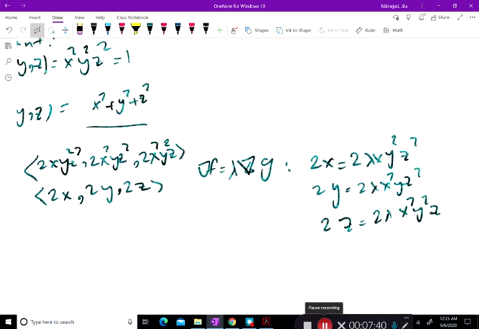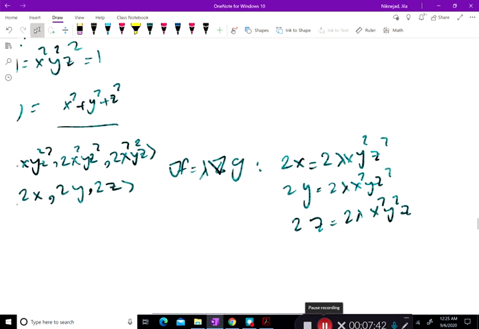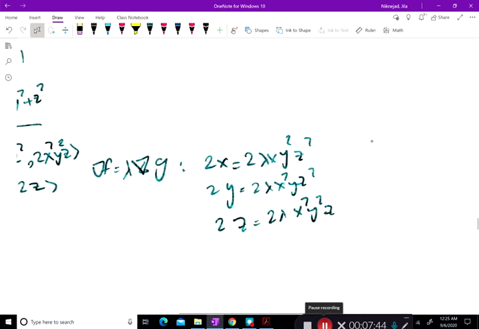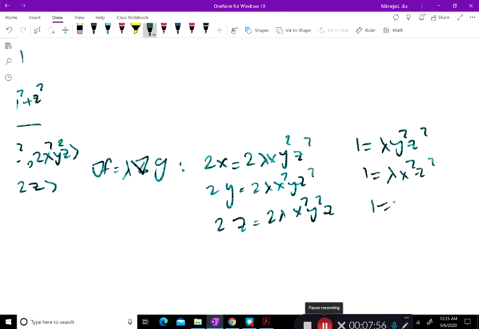And then here you can simplify things a little bit and basically get 1 is equal to lambda y²z², 1 is equal to lambda x²z², and the last one is 1 is equal to lambda x²y². Now let's simplify some and see what happens.